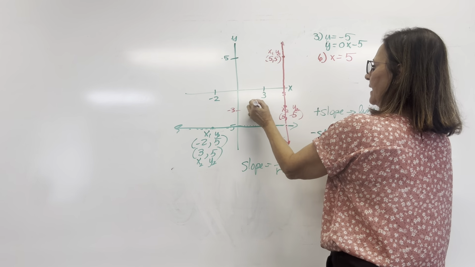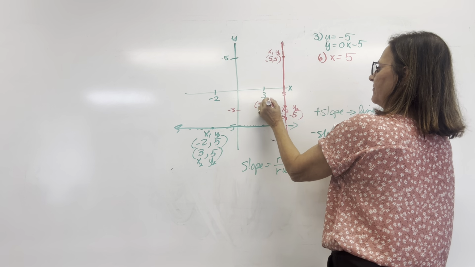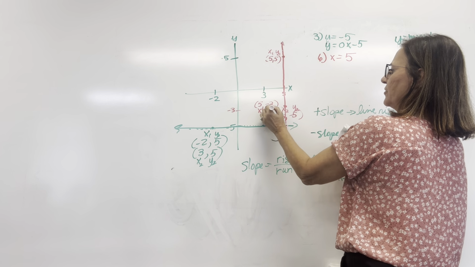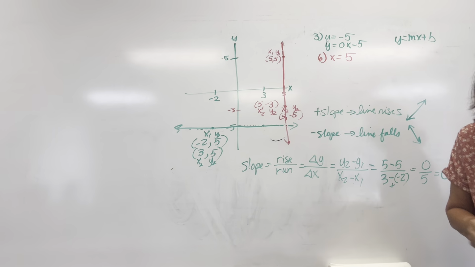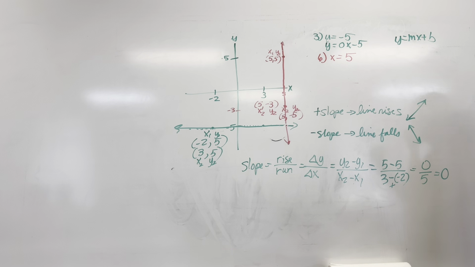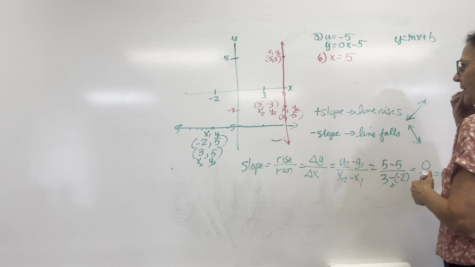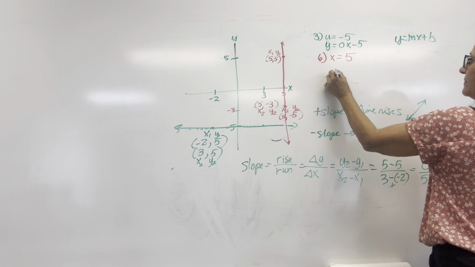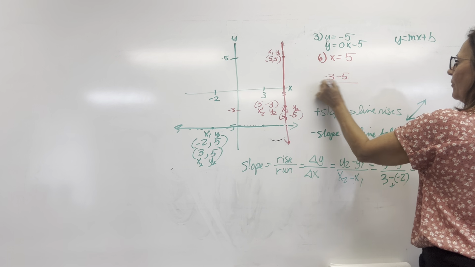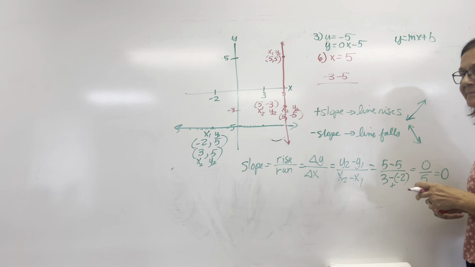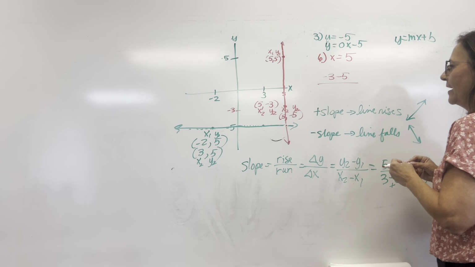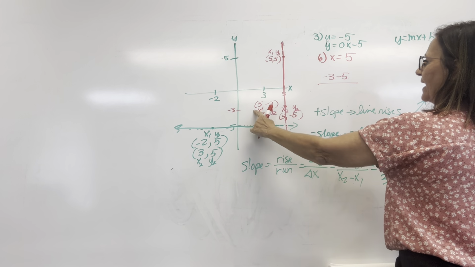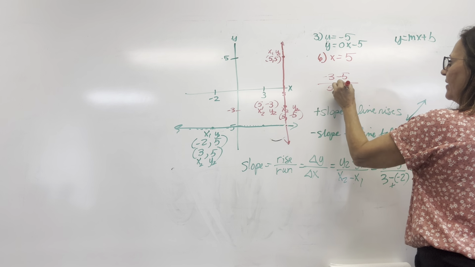Let's pick 5, -3. That's x sub 2, y sub 2. I need to make a better point. All right, so we'll do -3 minus 5. It would have worked either way, but I'll show you why. It will look different. All right, x sub 2 is 5 minus 5.